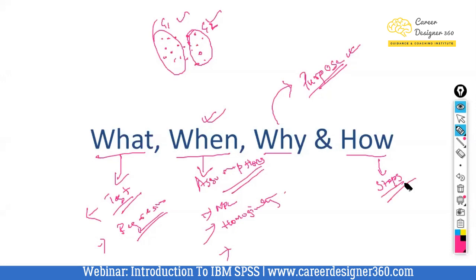So this is the steps involved, how you are going to run the analysis and how you are going to interpret. So these four things, what, when, why and how, are very important, a crucial factor when it comes to research. You have to be very clear that you have answers to all these four questions, then only will you have the clarity for the research.